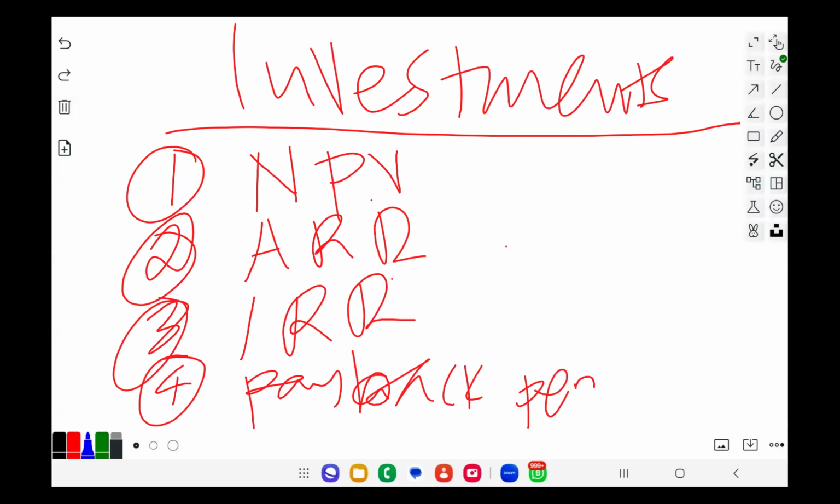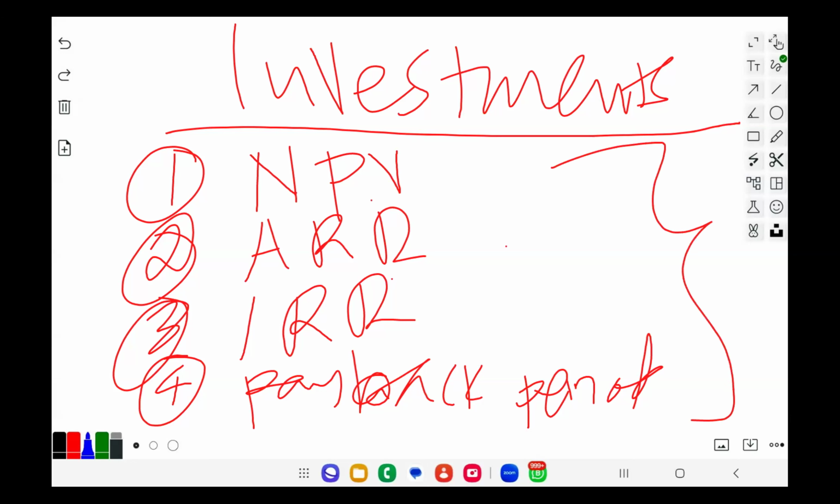We have these four because these are the ones that are usually examined. From what we have seen so far, these are the ones that are usually asked.